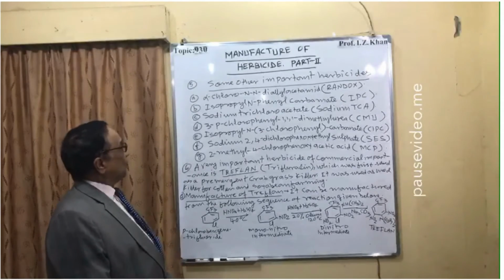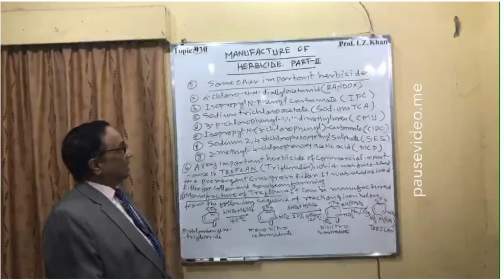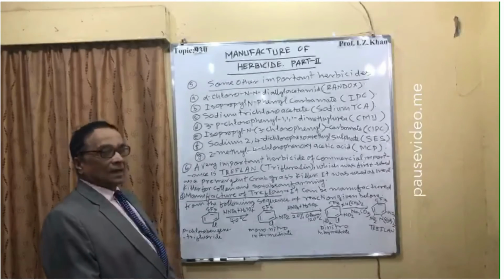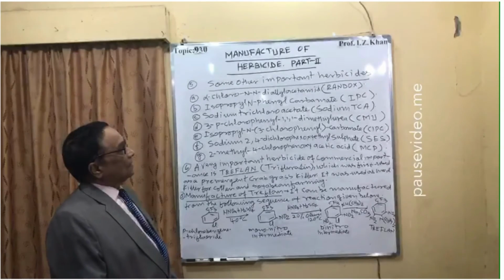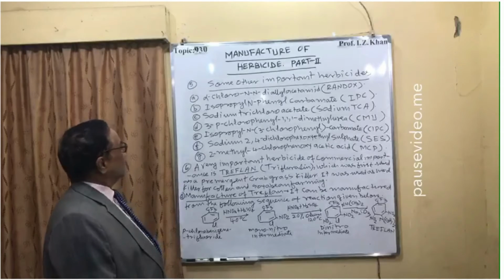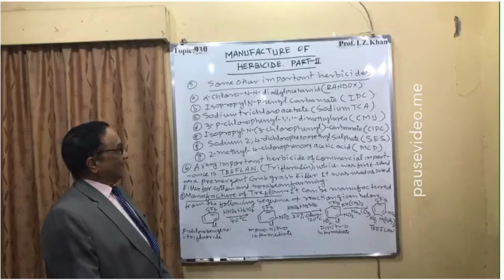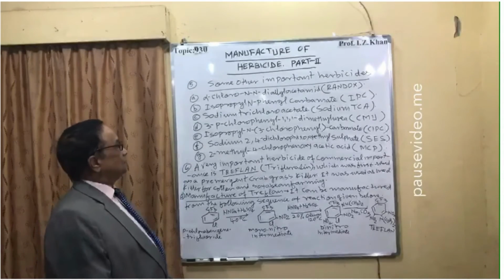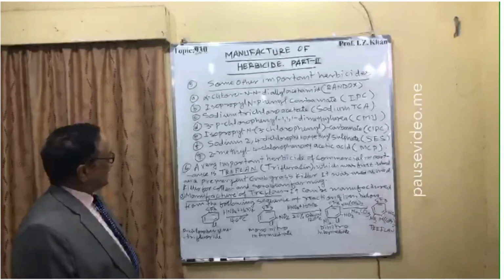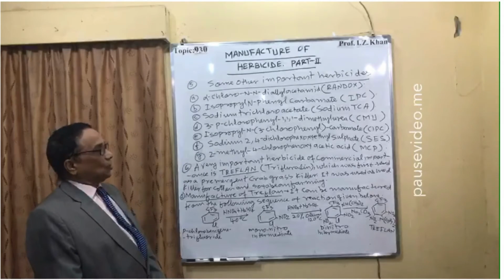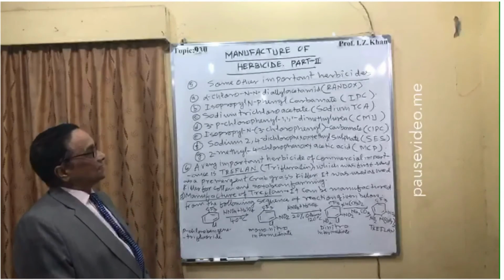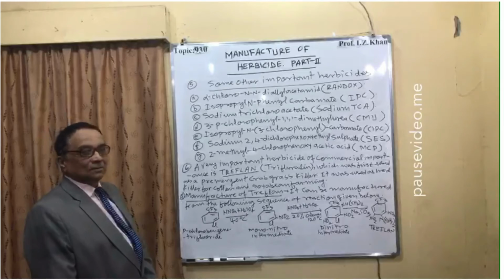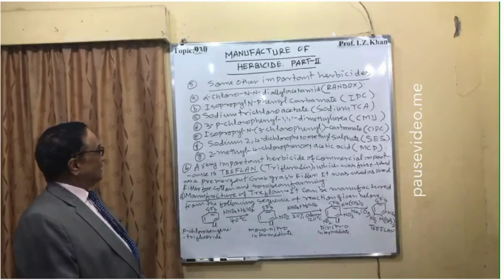A, alpha-chloro-N,N-diallyl acetamide, and that is also called Randox. B, isopropyl N-phenyl carbamate, is called IPC. C, sodium trichloroacetate, and it is also known as sodium TCA.